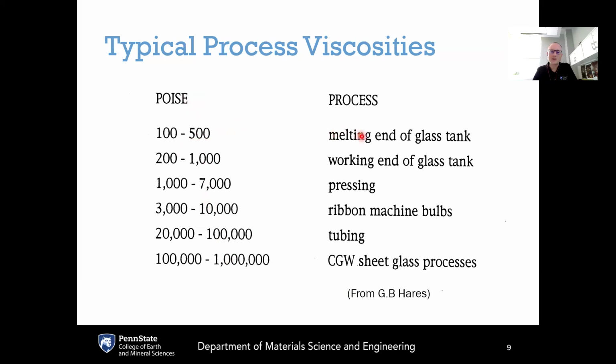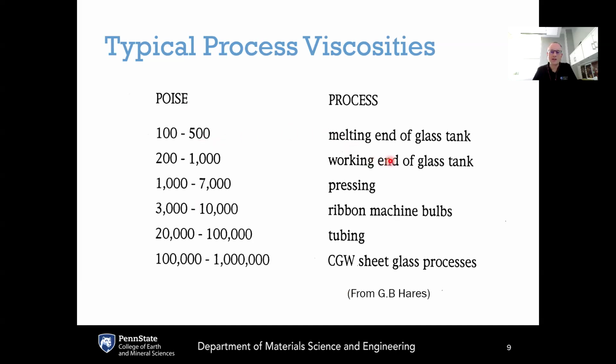Now, at the melting side of the glass tank, the melting is typically done at a viscosity of 100 to 500 poise. This means 10 to 50 Pascal seconds. This, of course, corresponds to the melting point that we just discussed, which had a viscosity of 10 Pascal seconds.